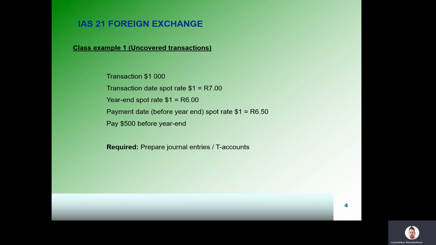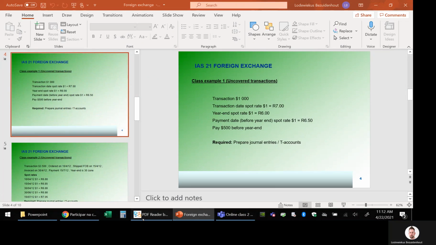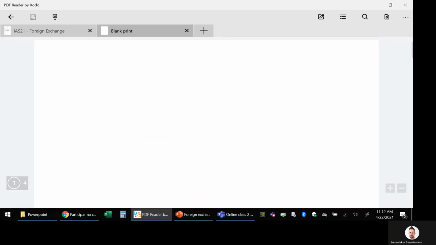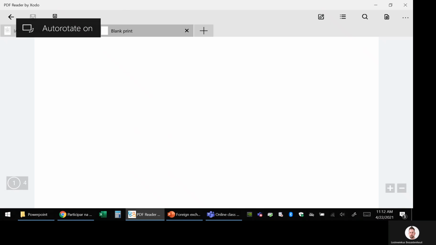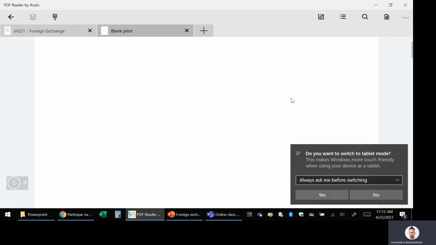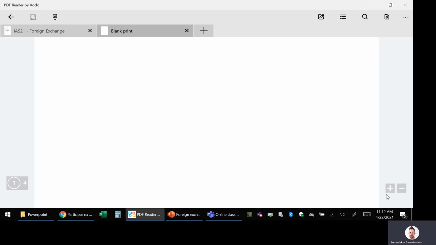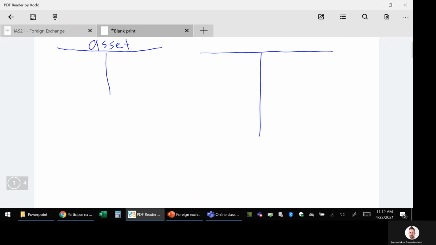And now we must look at the T accounts for these transactions. If we look at this, we will buy an asset. We will have a foreign creditor.